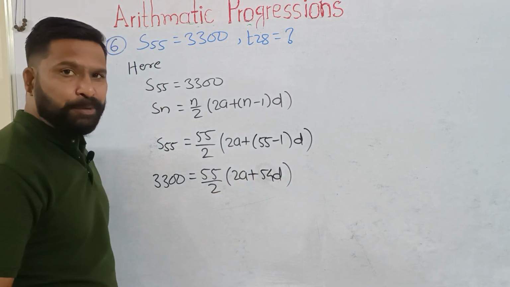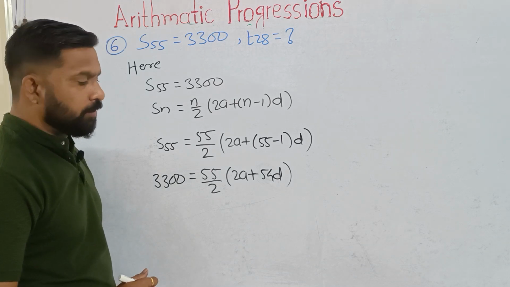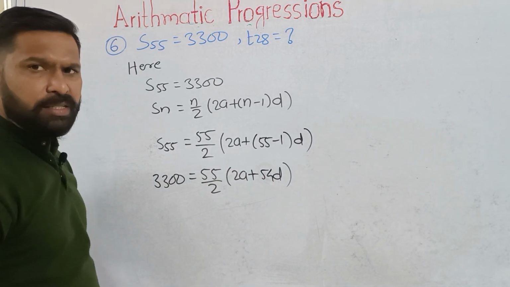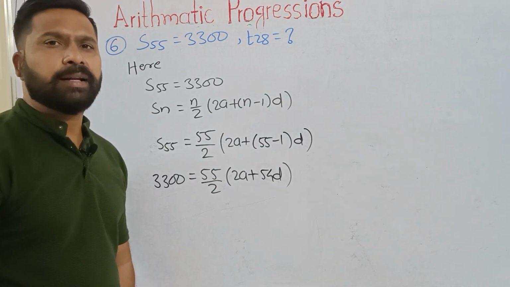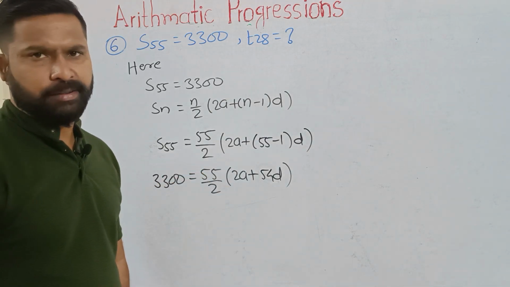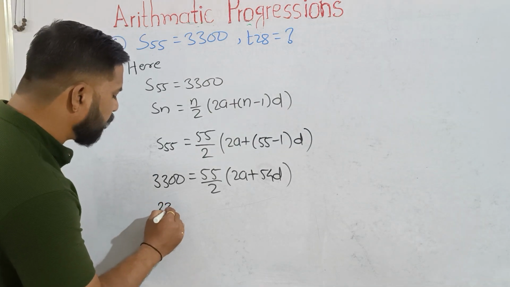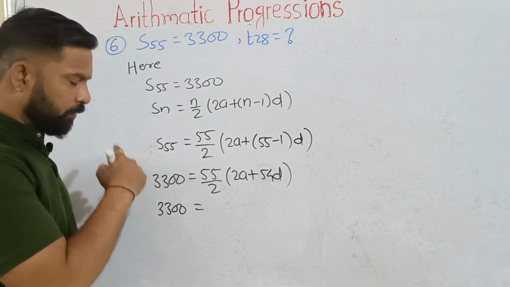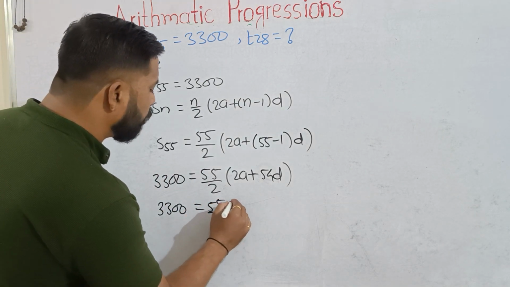I should add them together, right? So 2a plus 54d. Now what is common between them? Taking common is nothing but dividing both of them by the same number and writing the quotient in the bracket. I can also send this 2 to the left and 55 down, but we will wait. 55 by 2.